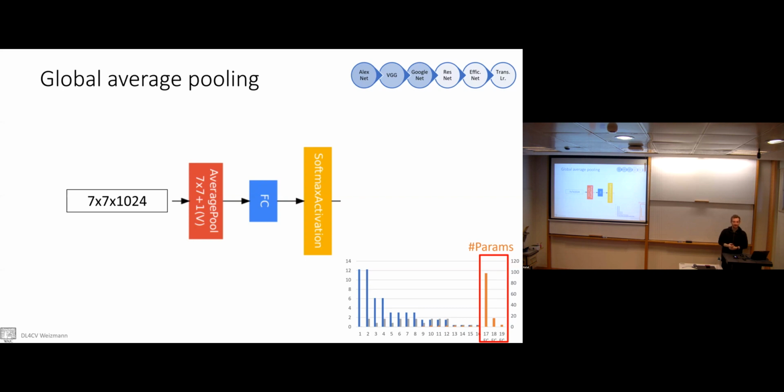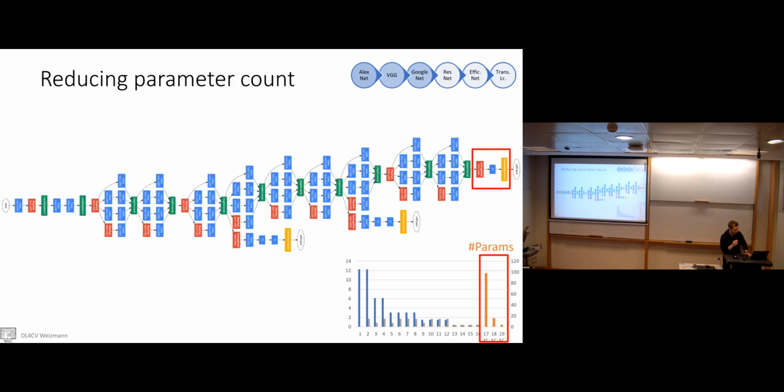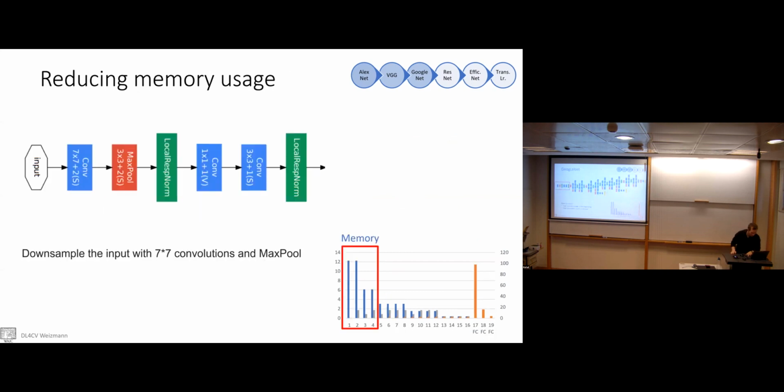Yes. In the first part of the network, they have 2 layers of 1x1 convolution, which is just a multiplication by a constant. Yeah. 1x1 convolution can be used to change the number of channels.